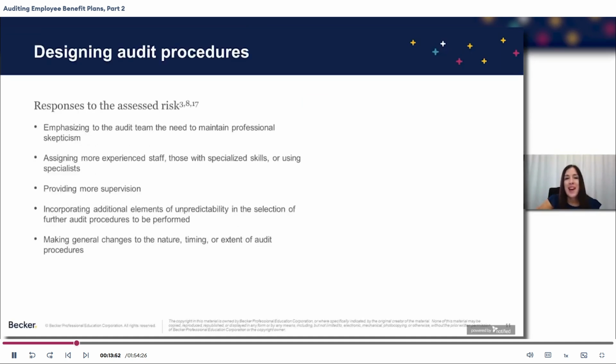So responding to that assessed risk, we have to emphasize to the audit team that we always have to maintain professional skepticism. Some of those responses based on that level of risk may require us to assign more experienced staff, or possibly staff that have more specialized skills, or maybe even outsource it to an external specialist.